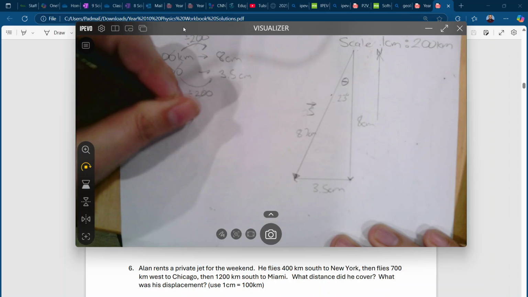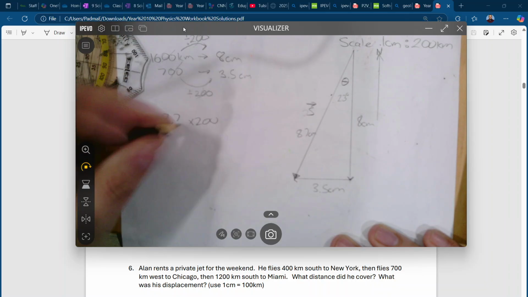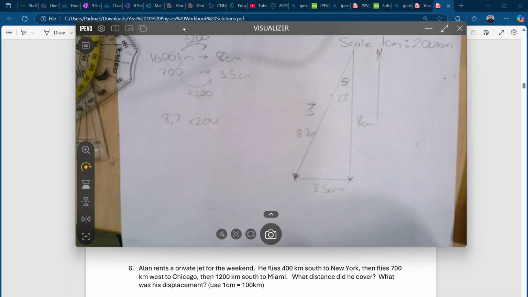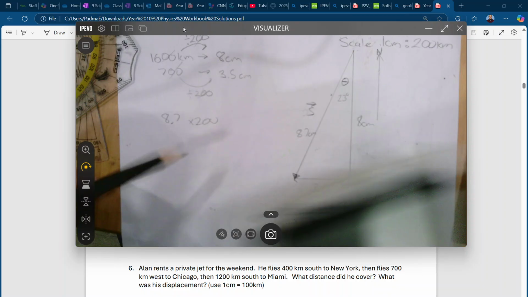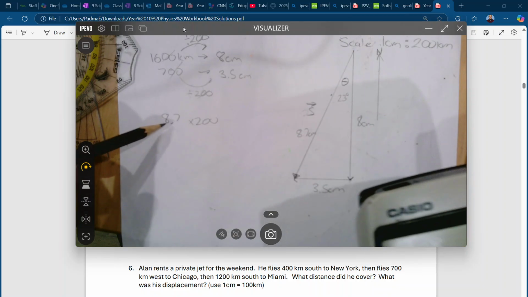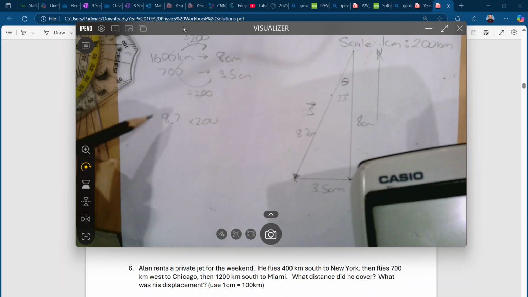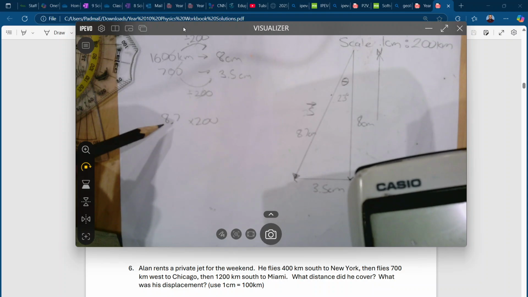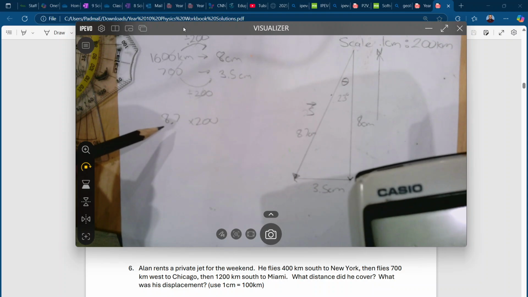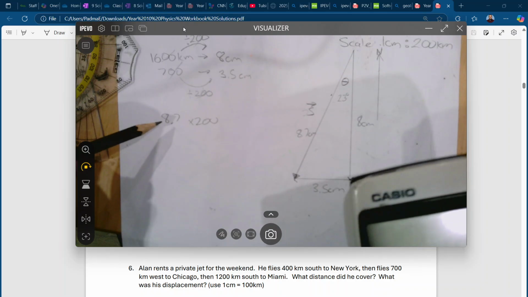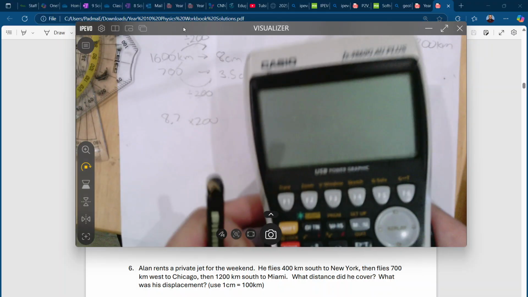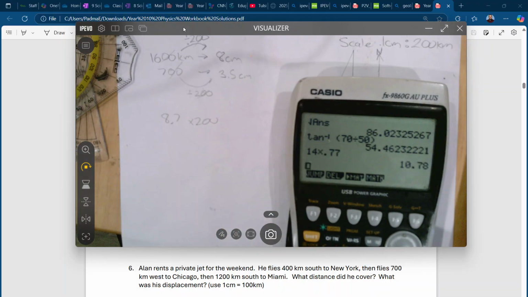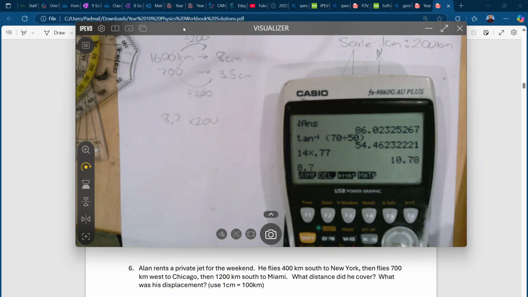So 8.7 times by 200 would be, now another piece of device you should be using is a calculator. Now I could probably do that in my head. It would be something like, well, times by 2, 17.4, times by 10, yeah, times by 10 again, 1,740. Let's check. Did I get that right? 8.7 times 200.